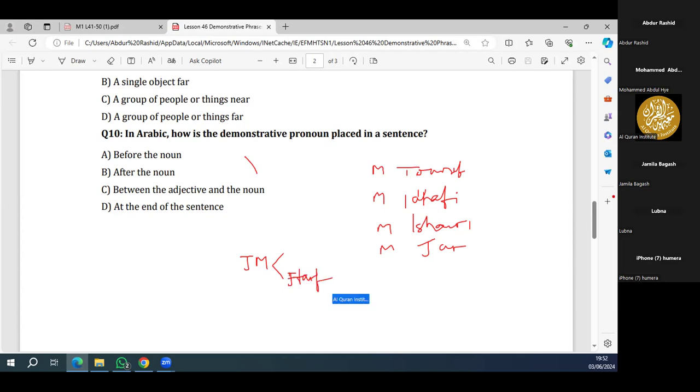And if it is a mudaf ilayh, then also it gets a jar. So one is with harf jar, the other one is with mudaf. You know, mudaf ilayhi is always majroor. It's not jar majroor because a harf jar hasn't made it so, but it's also majroor, and that is the name of genitive phrase. It's not only about harf jar.